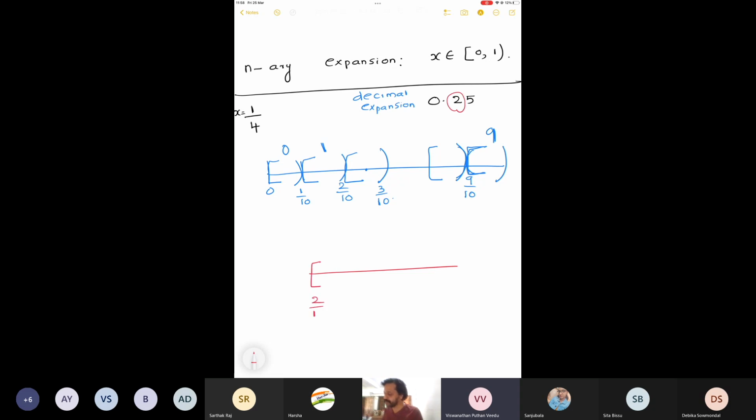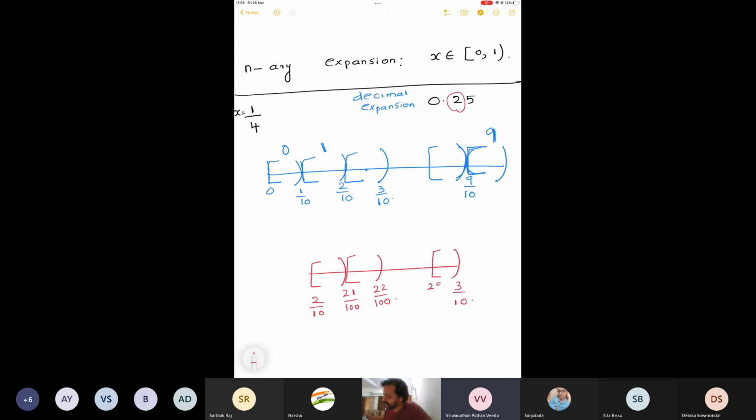Now you again divide [2/10, 3/10) into 10 equal half-open intervals, and label them with 0 to 9. So 2/10 is actually 20/100. The next one will be 21/100, then 21/100 to 22/100, and so on.